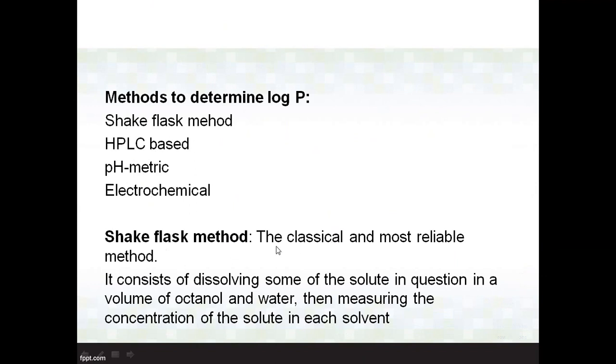This method is the classical and most reliable method. It consists of dissolving the solute in question, that is the solute whose partition coefficient we want to determine, in a volume of octanol and water, and then measuring the concentration of solute in each solvent.